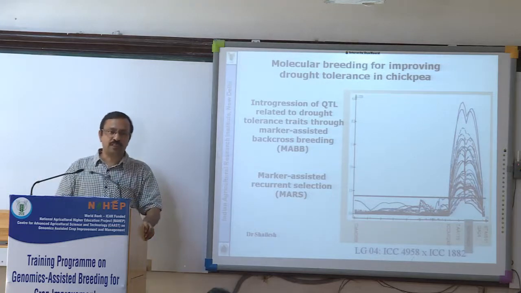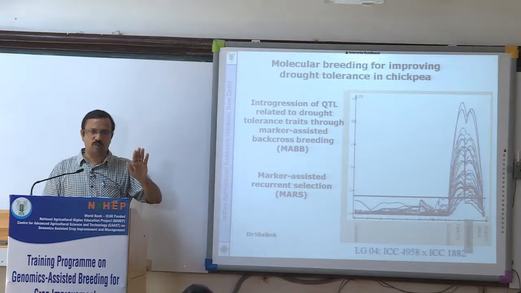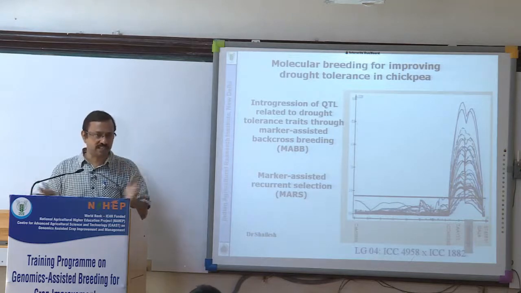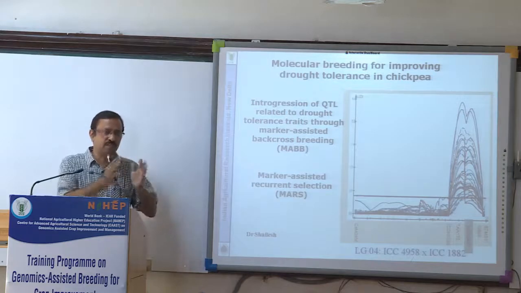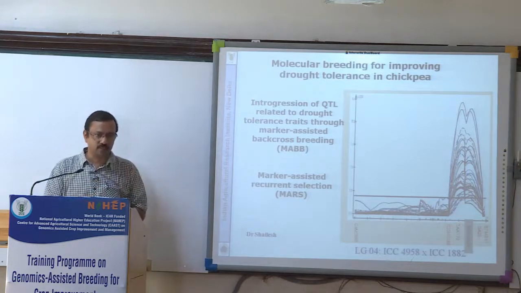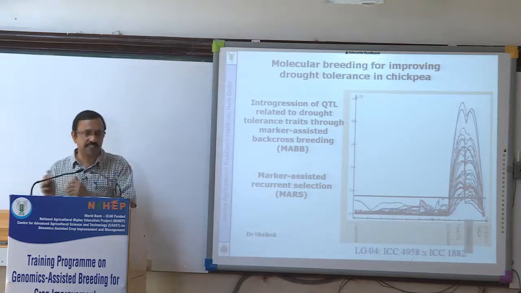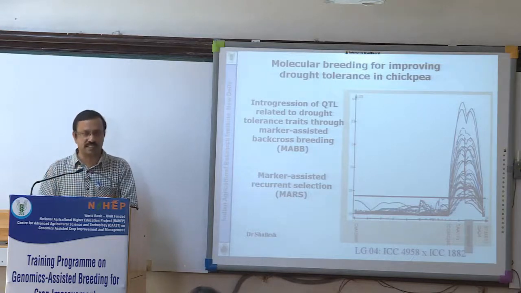So basically what they do, they grow the tolerant variety or the resistant line under normal conditions, and under stress conditions look out, from cDNA, for the markers which are expressed only under stress conditions in the resistant line. But the susceptible line also tries to fight that stress. They do the same thing, they get markers under susceptible lines which are expressed only under stress conditions.